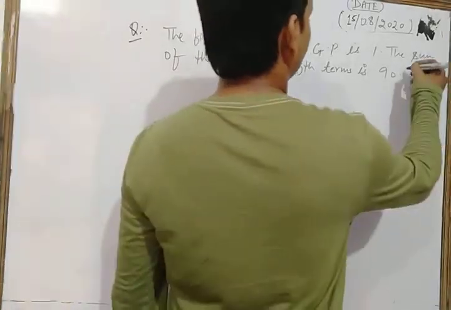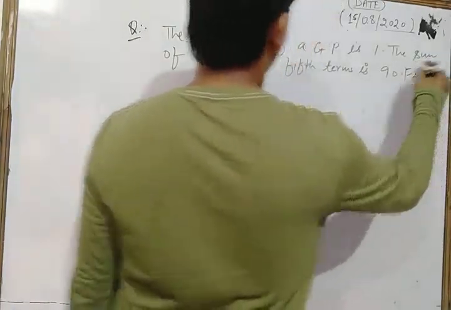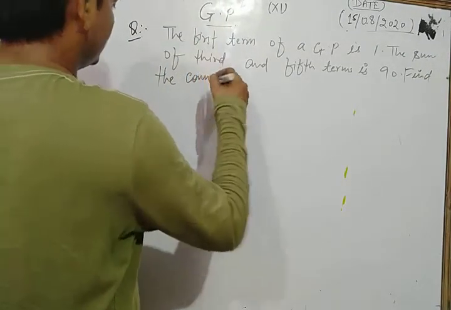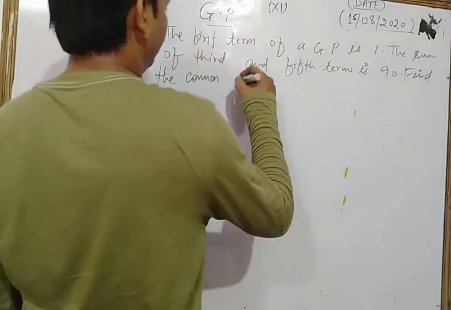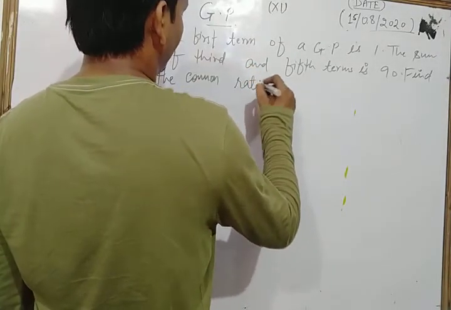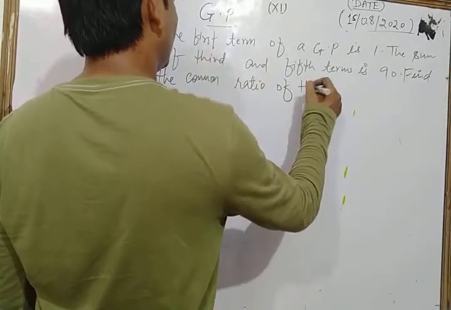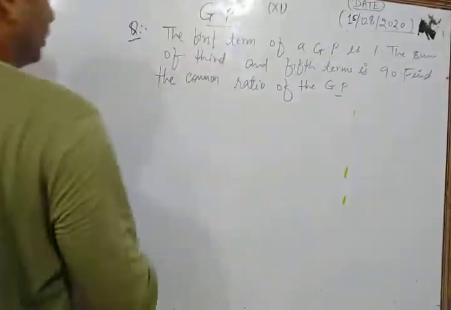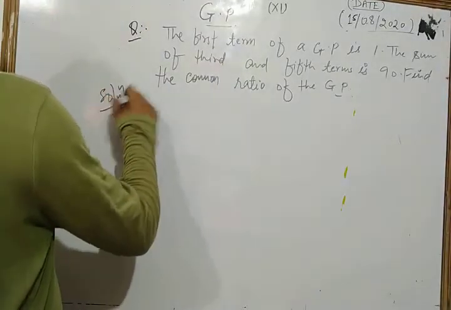Your question is to find the common ratio of the GP. Now let's take its solution.